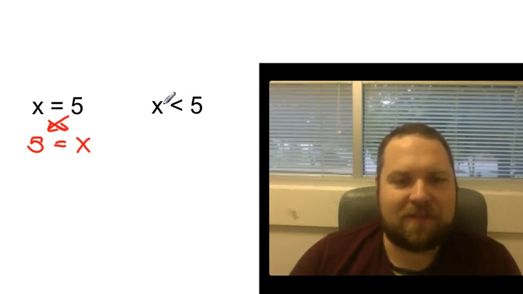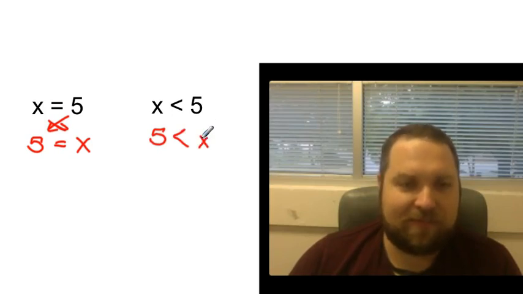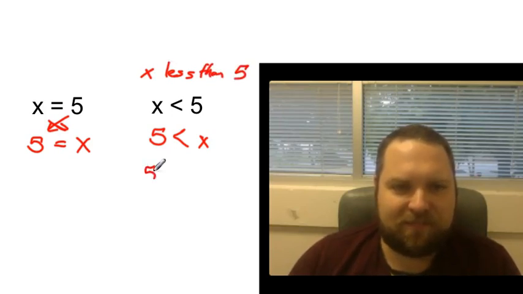However, if I look over here and I swap these, and now the 5 is where the x was, and the x is where the 5 was, over here this has made a big difference. This states that x is less than 5, and this one states that 5 is less than x.